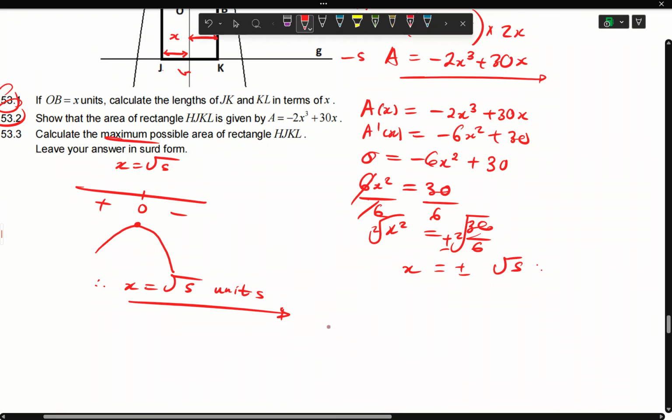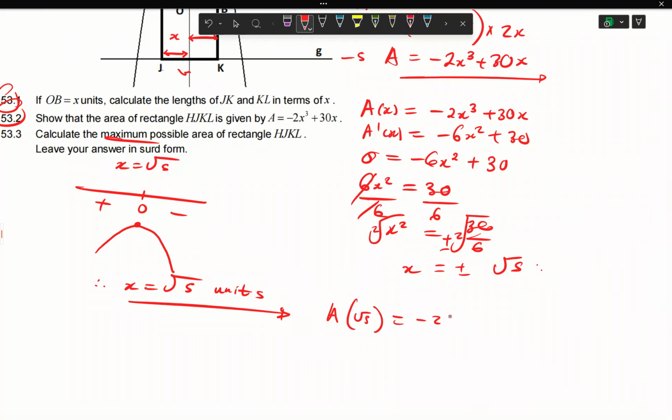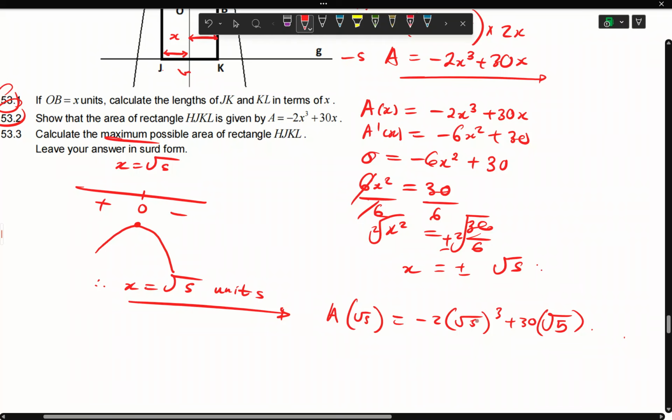So take this and plug it into your original function, which is negative 2 times root 5 cubed plus 30 square root of 5. Where did I get the 30 from? Guys, this is 5. I hope you can see it. This is 5.